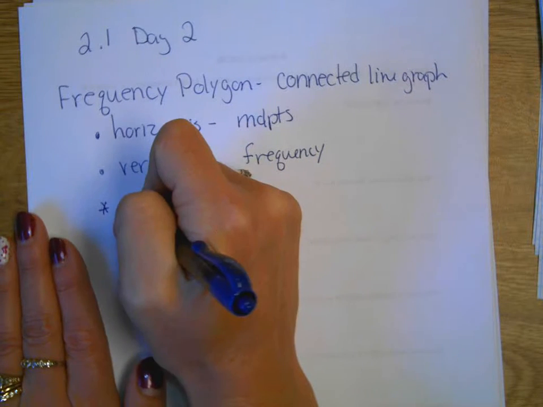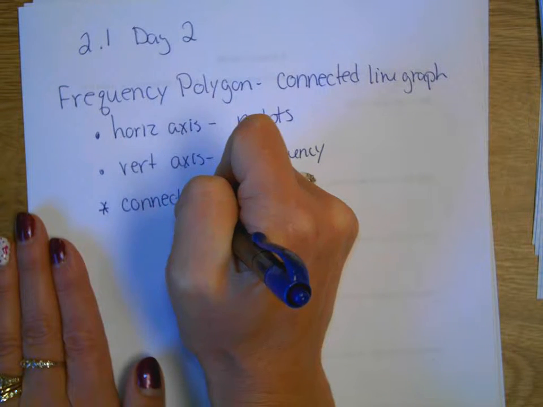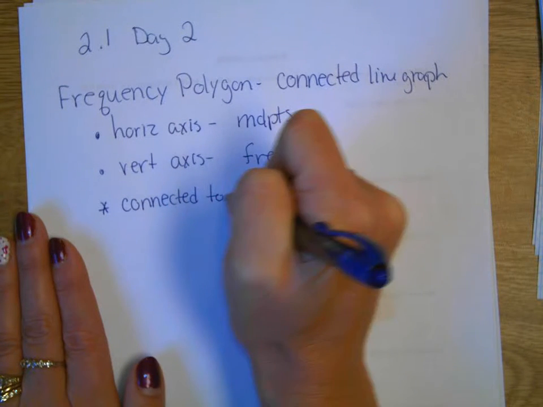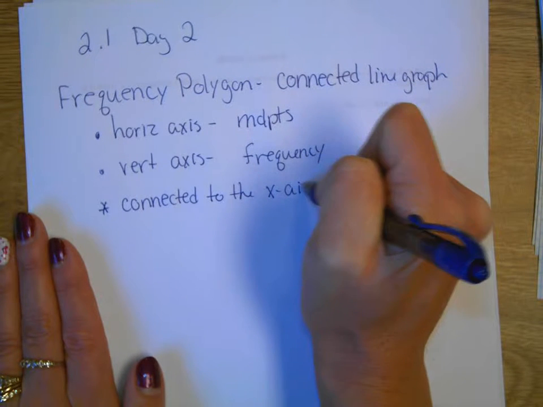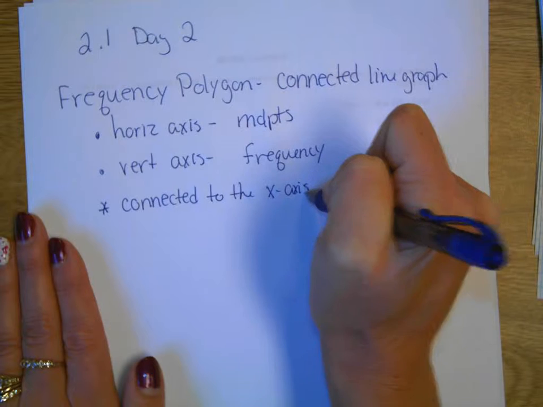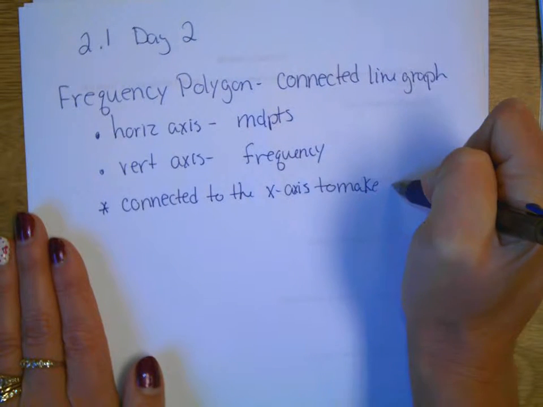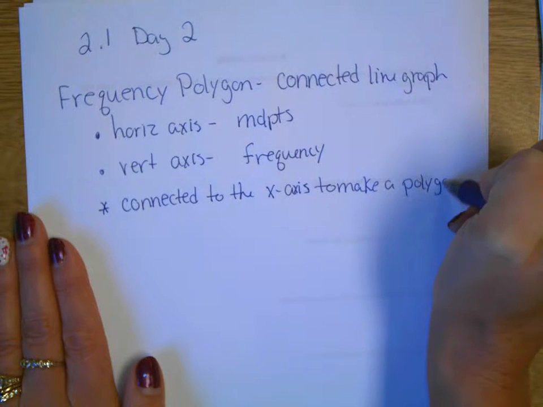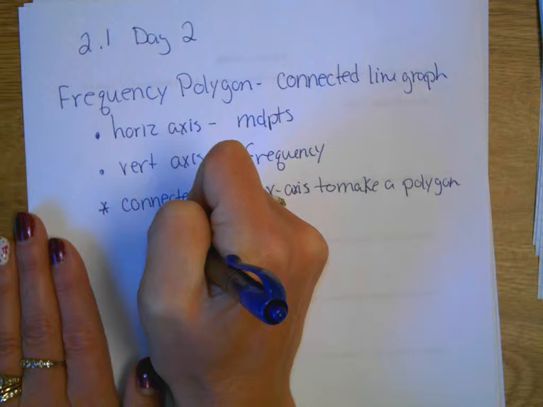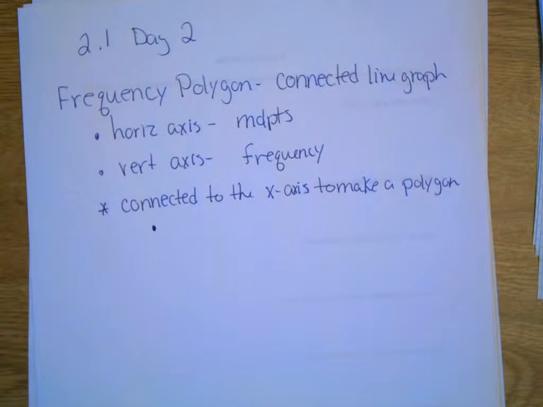And this has to be connected to the x-axis to make a polygon. And I'm going to tell you what to do down here in a minute. So leave one line.